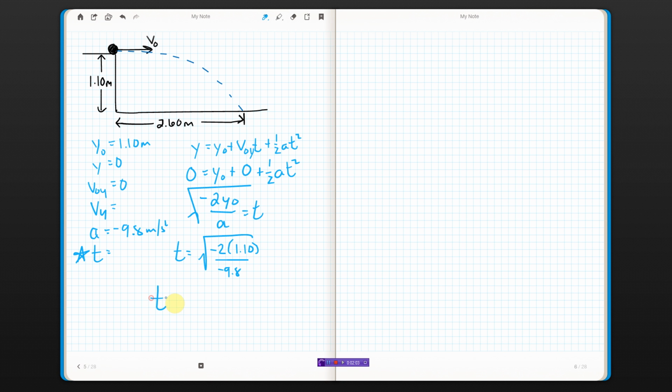And when we do that, we get that time is 0.474 seconds.